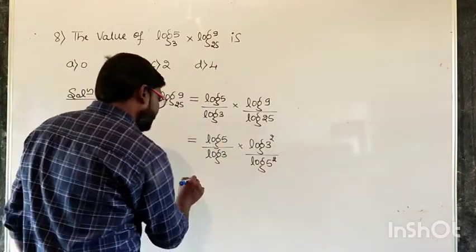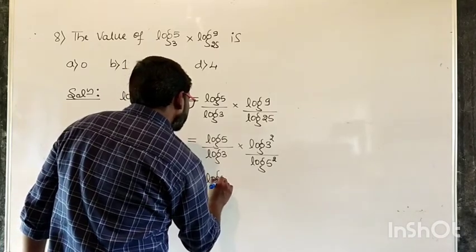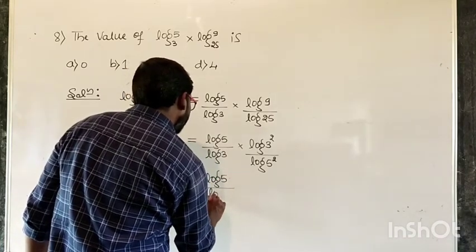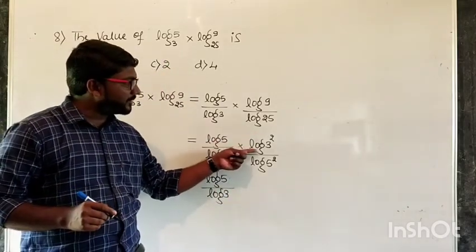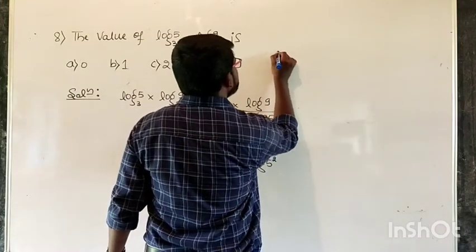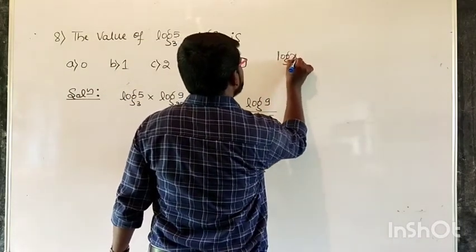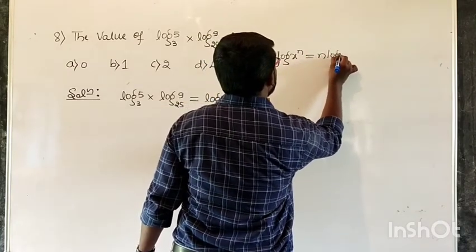I write this as it is: log 5 divided by log 3, into log 3 square divided by log 5 square. Now this is in the form of log x to the power n. So log x to the power n can be written as n times log x.